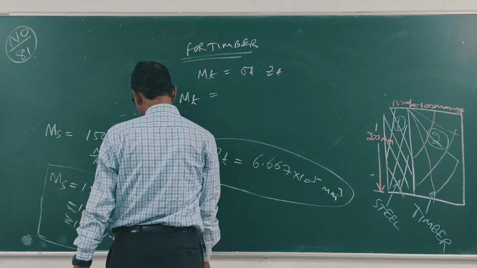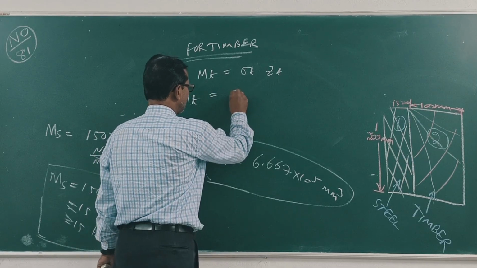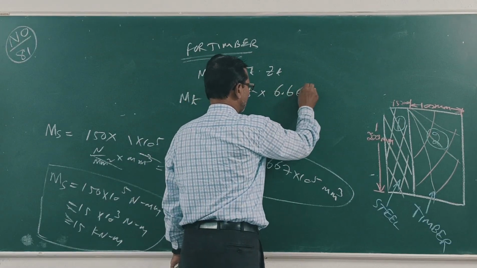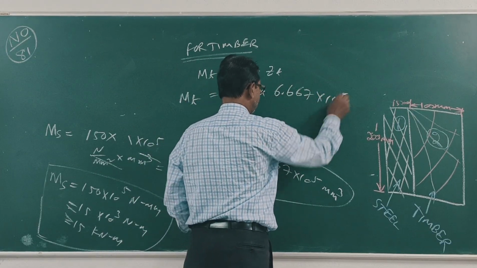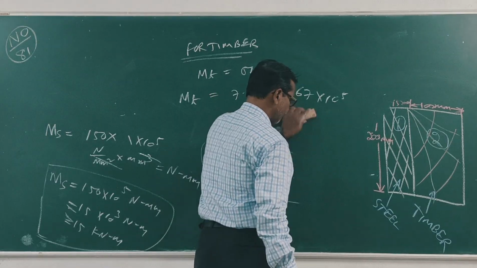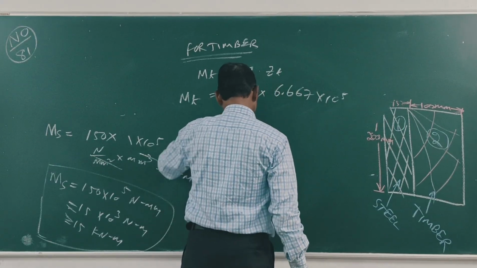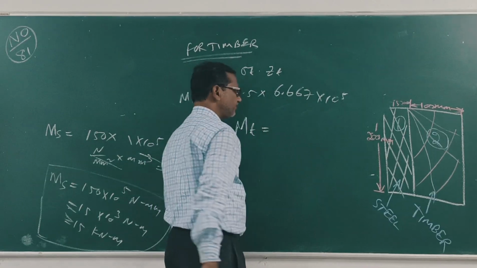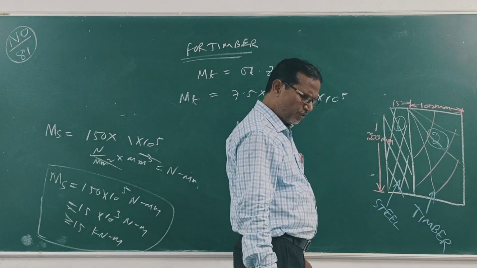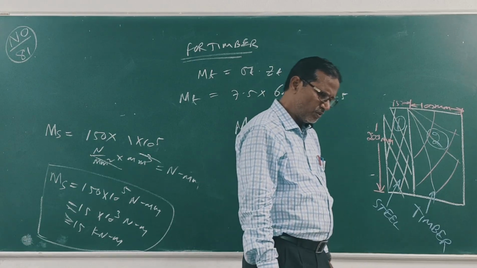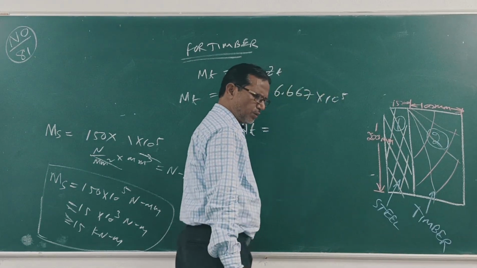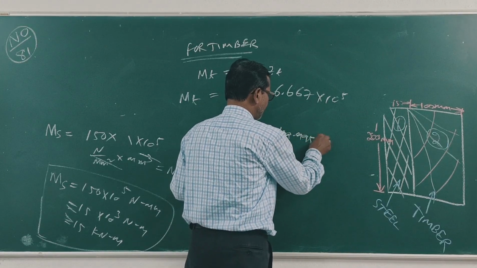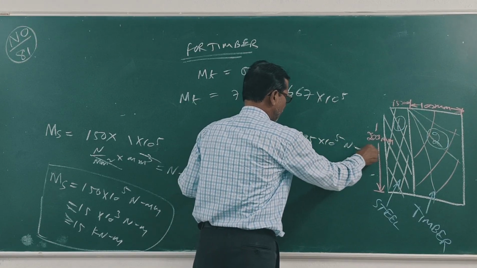Sigma t means 7.5 into Zt, 6.667 into 10 to the 5. So MT is equal to 49.995 into 10 to the 5 Newton mm.